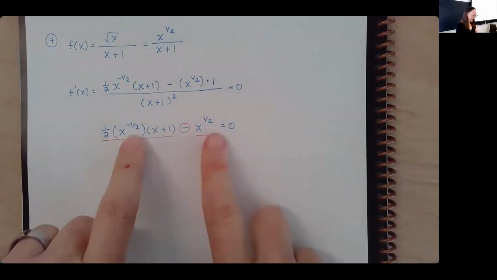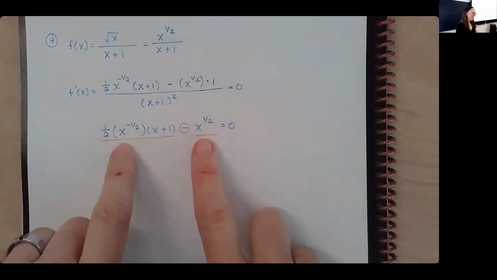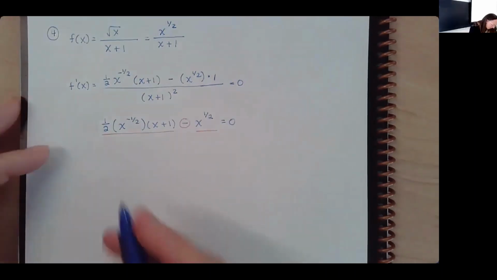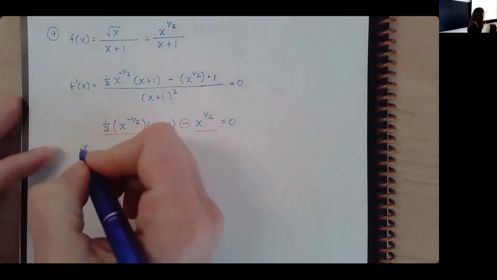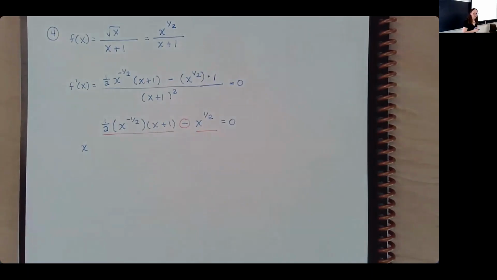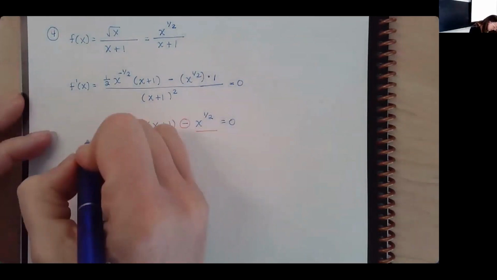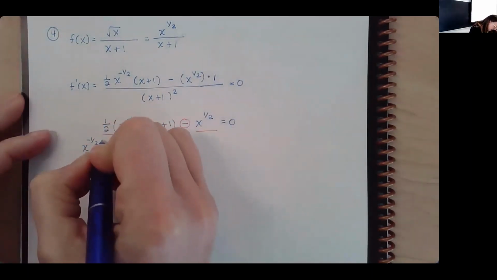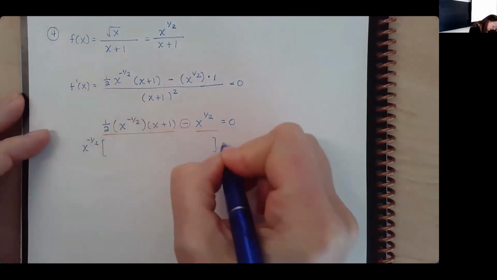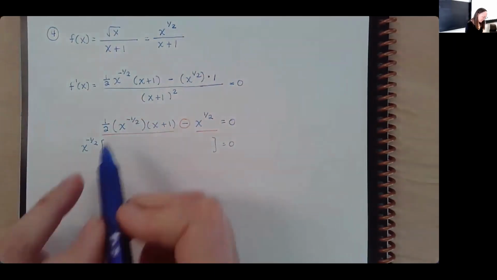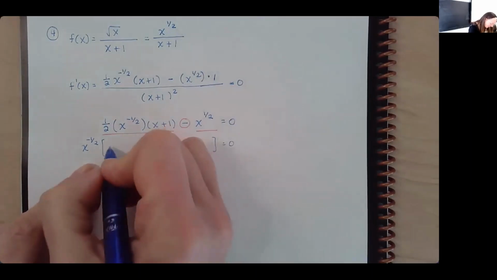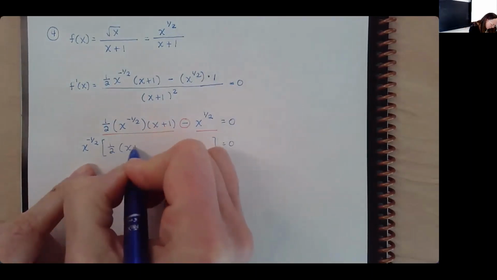They both have an x raised to a number. So I know I can factor out an x raised to a number, and I'm always going to choose the smaller of the exponents. So in this case, that's going to be the -1/2. Well, if I factor that out, the front piece isn't too bad because I pulled out the ugly part. So I'm left with 1/2 and then x plus 1.